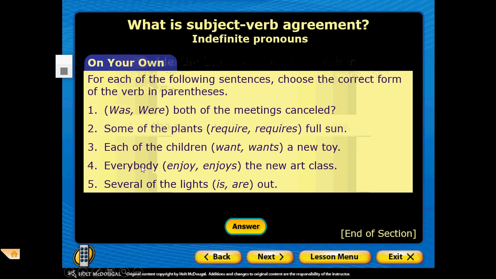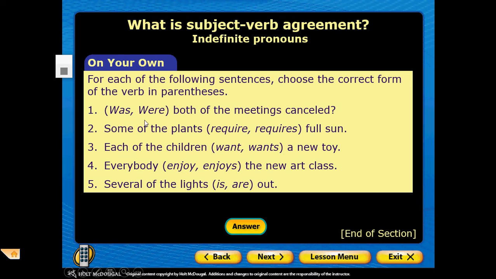Now, moment of truth. Let's see if our dear students can do these or not, Anthony. Can you tell us what the question was? For each of the following sentences, choose the correct form of the verb in parentheses. So again, boys, I don't think I need to remind you, if the verb ends in an S, that means it's singular.